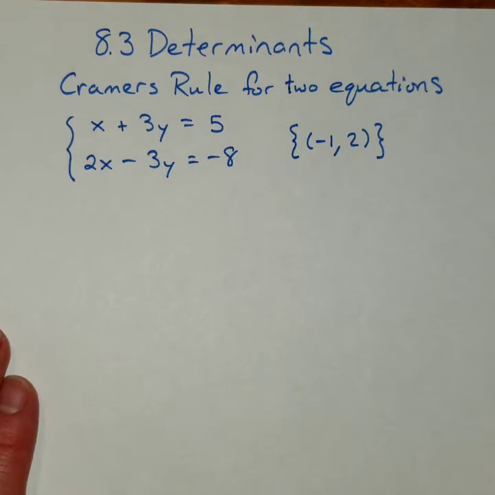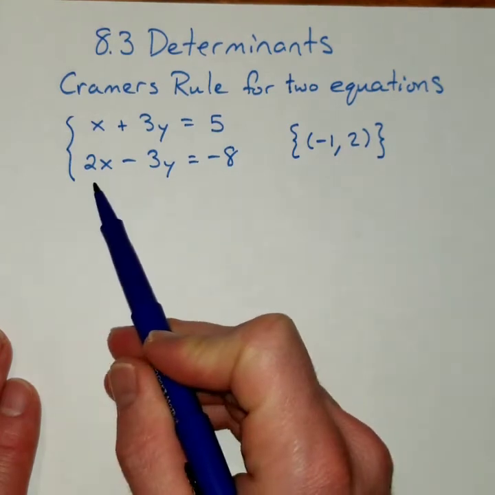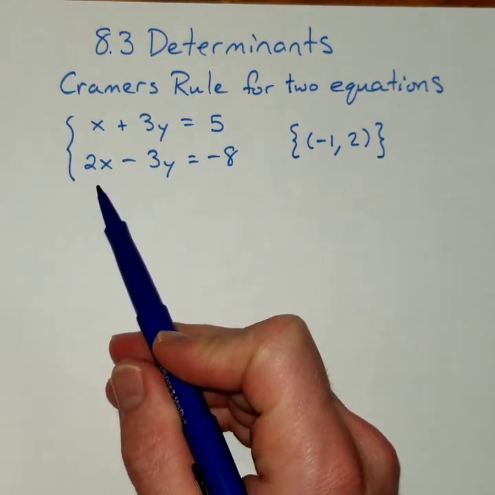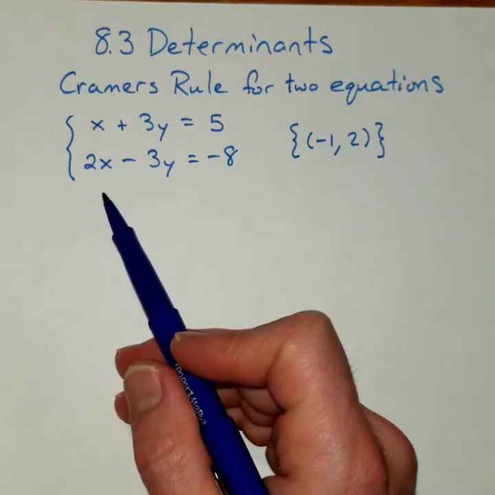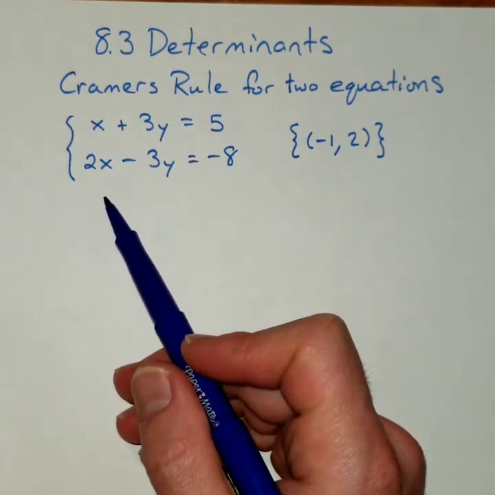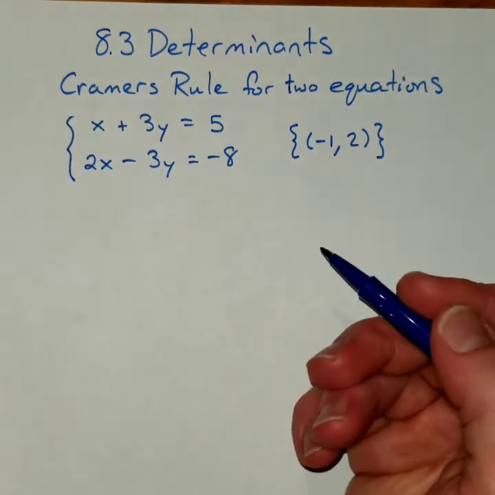Okay, so the idea is this. In this system, we looked at the augmented matrix in section 8.2. But if you look at this, there's actually different ways to combine this so that you can get 2 by 2 matrices.